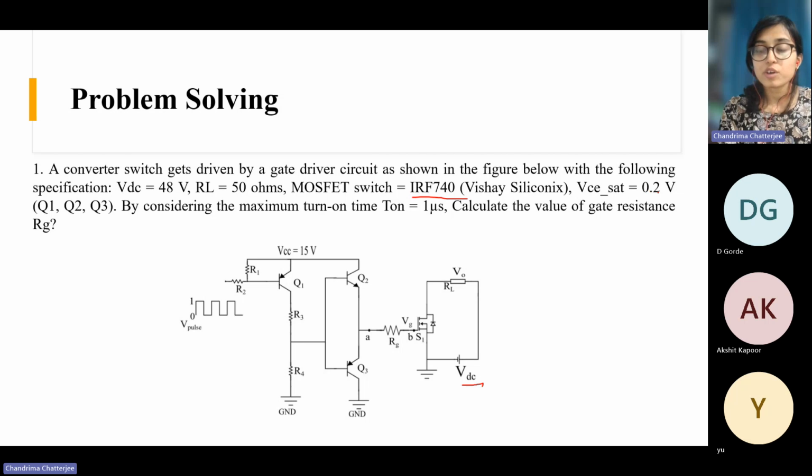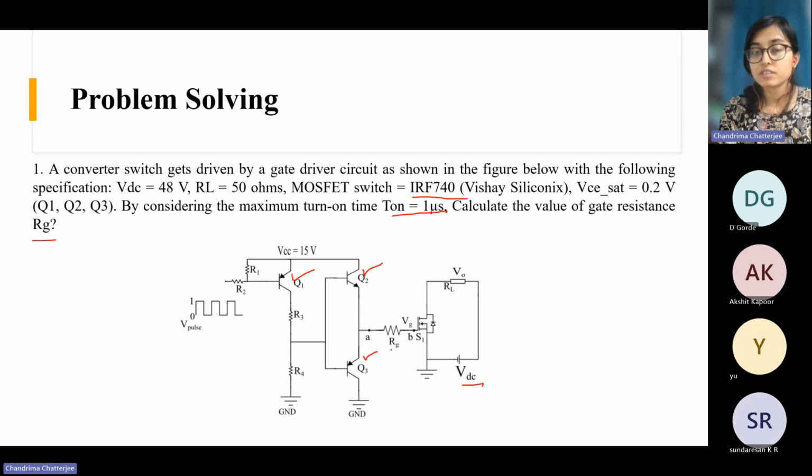VCE SAT is 0.2 volt for Q1, Q2 and Q3. So for these three BJTs, the VCE SAT is given. By considering the maximum turn on time T on as 1 microsecond, calculate the value of gate resistance RG. So you need to find what is the RG value here, right?